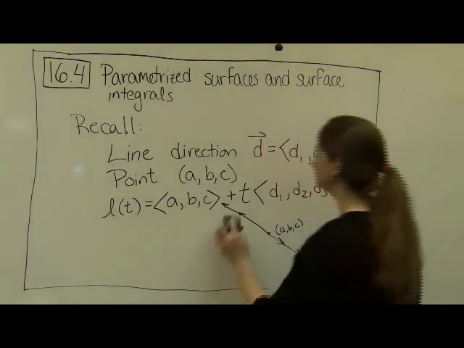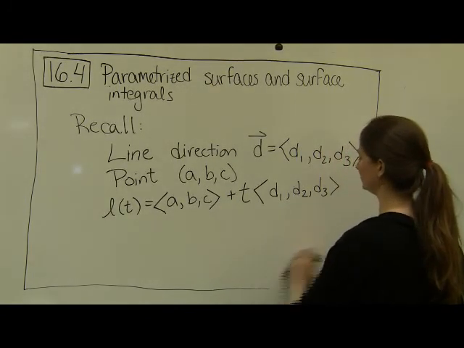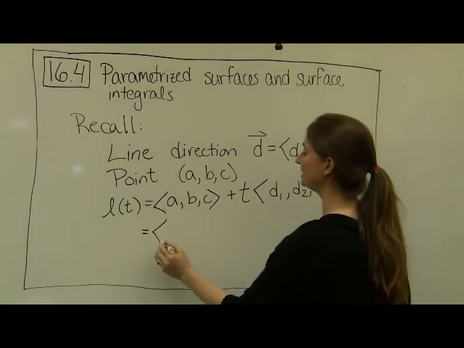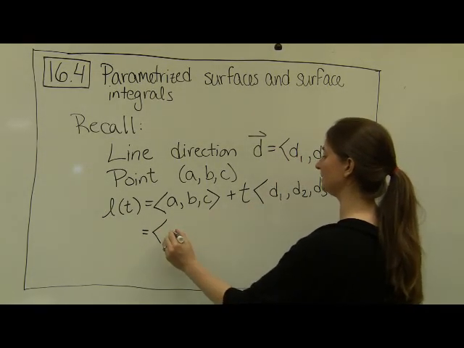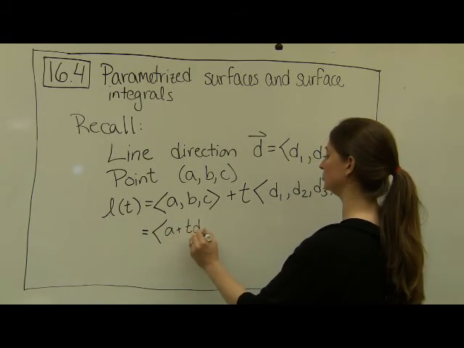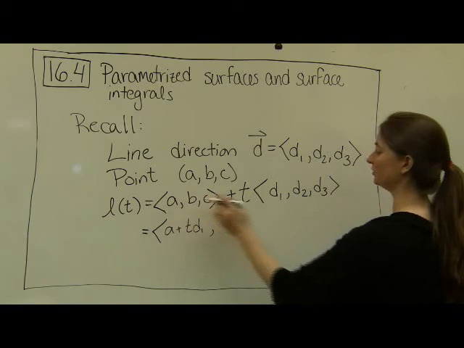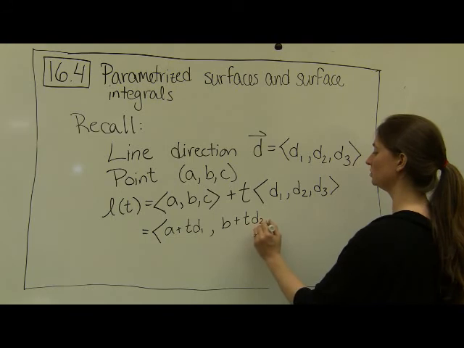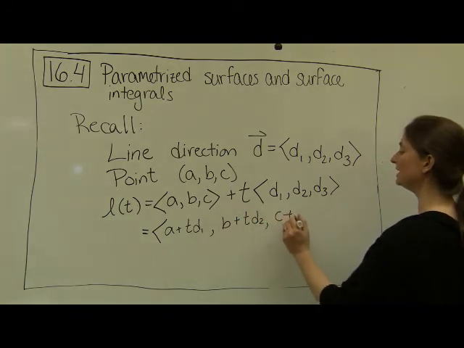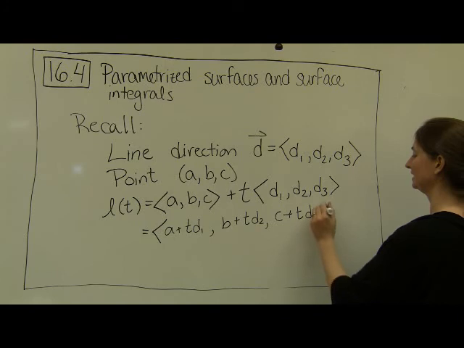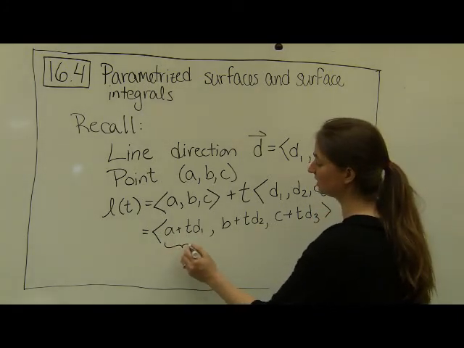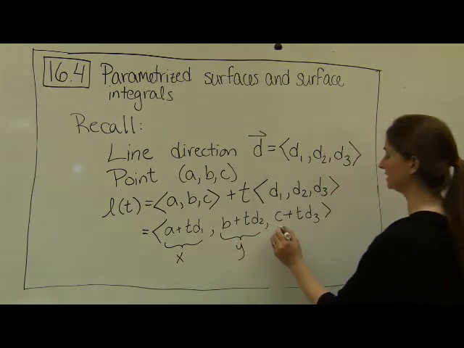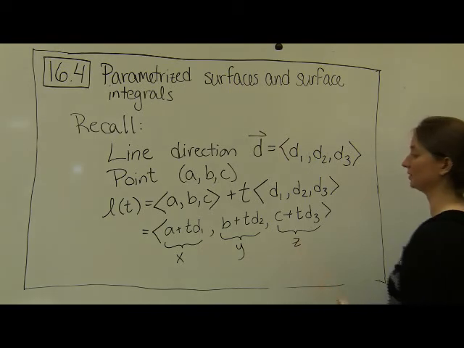I'm going to point out that we can simplify this a little bit. I don't know if you'll call it simplifying, but if I distribute this through and do some addition, I could think of the first component of my line as being a plus t d1, just by adding the first components, and then the second component would be b plus t d2, and the third component is c plus t d3, where I'm thinking of this equation for my x component, this equation for my y component, and this equation for my z component.